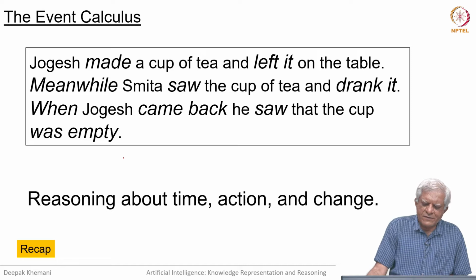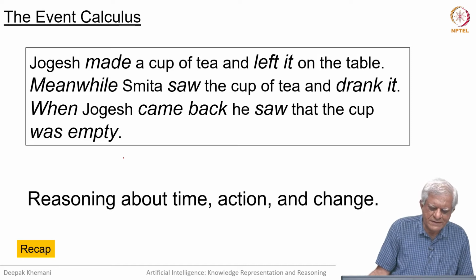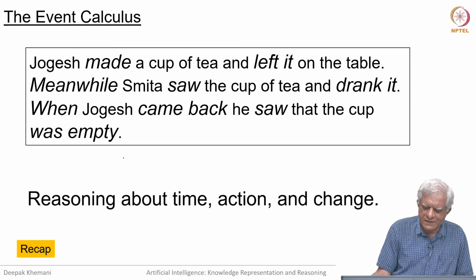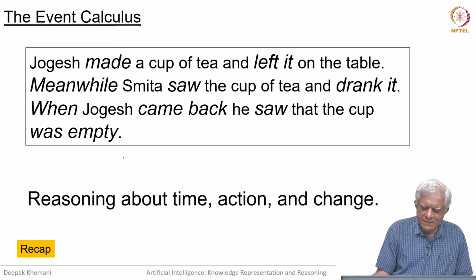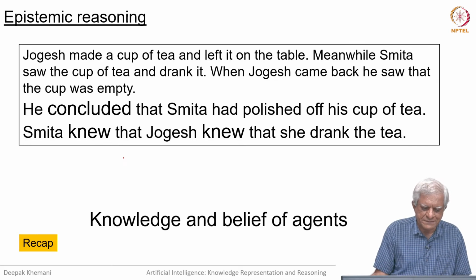Sometime in the beginning of the course, we would have mentioned this example of event calculus: Yogesh made a cup of tea and left it on the table. Meanwhile, Smita saw the cup of tea and drank it. When Yogesh came back, he saw that the cup was empty. So, change is happening. The cup of tea was made, kept on the table, it became empty. Reasoning about time, change and action is what we are interested in.